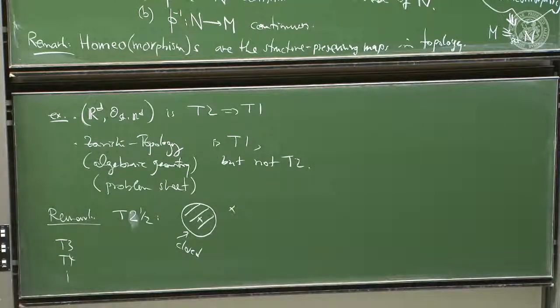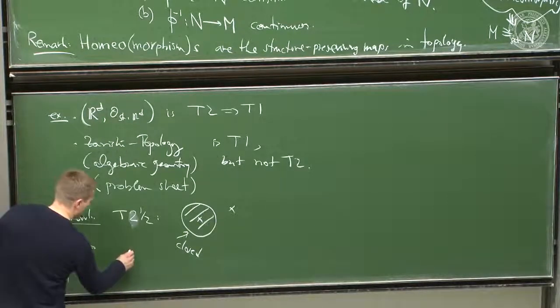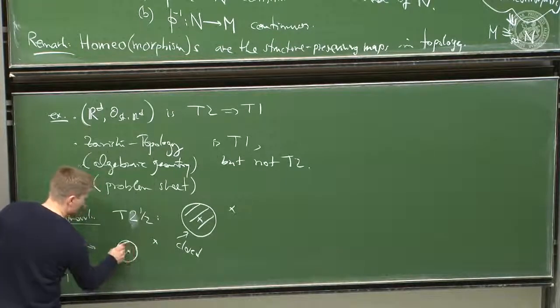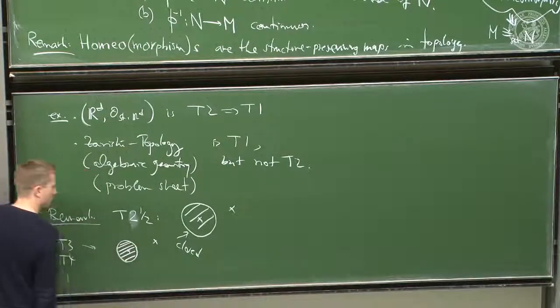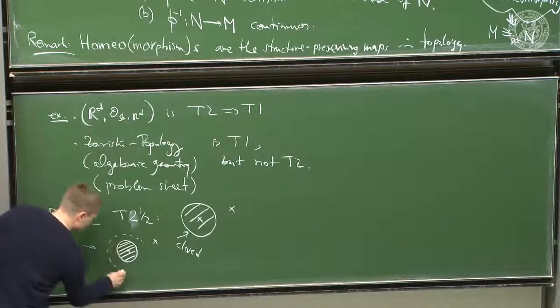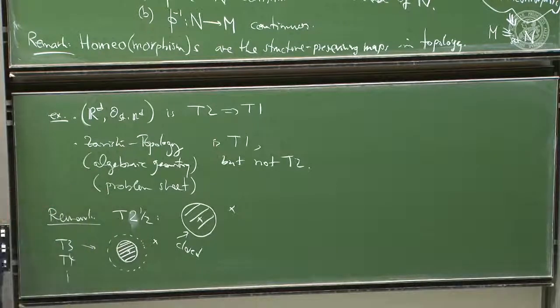There are stronger and stronger separation axioms, and the original one by Hausdorff is T2, but you see there are situations in which you want one and then the other and so on. So, okay. T3, what is T3? T3 is you have not two points, but you have a closed set and a point, and around the closed set you find an open set such that it doesn't intersect with the point.